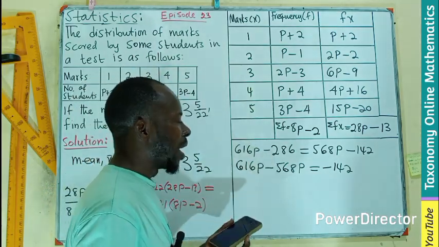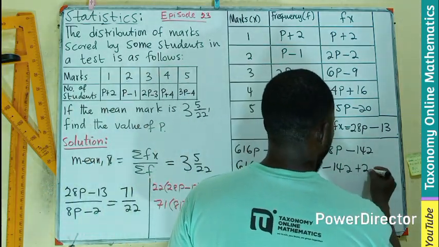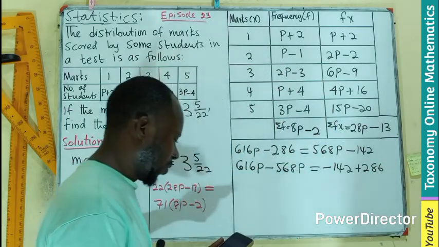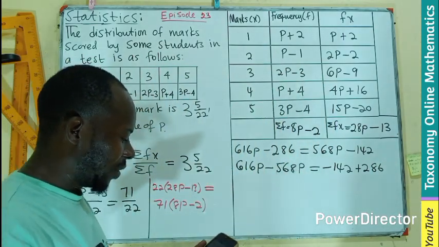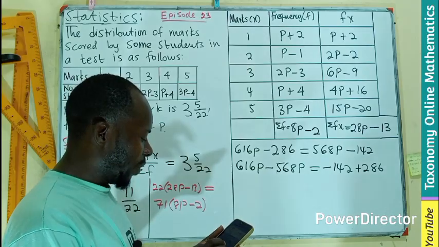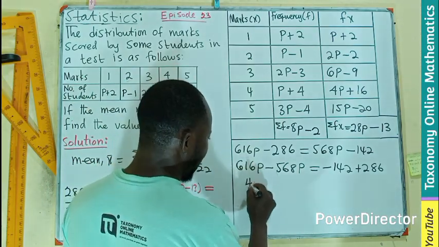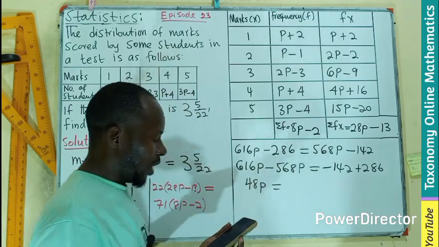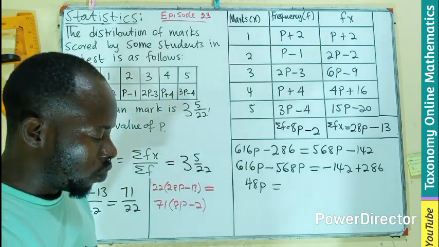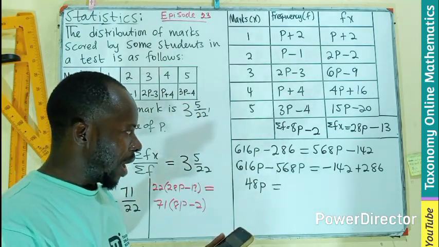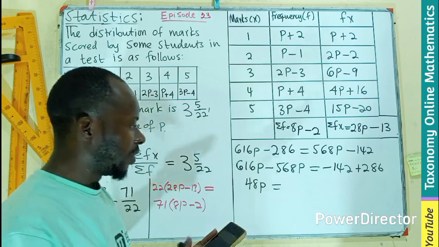Then this negative becomes positive 286. So we have 616 minus 568, that should be 48p equals to 286 minus 142.